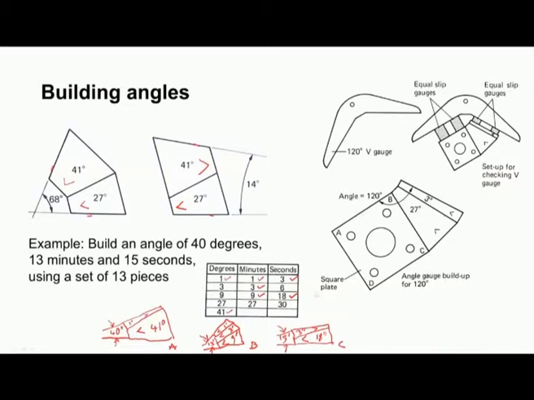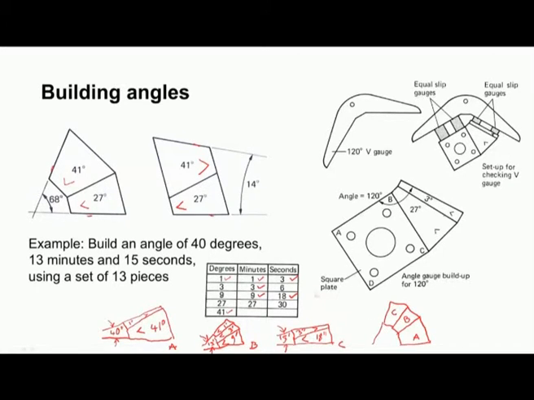Then finally, we have to add all these combinations A, B, C. So, this is combination A with 2 gauge blocks, and then we have combination B with 3 gauge blocks, and we have another combination C with 2 gauge blocks.